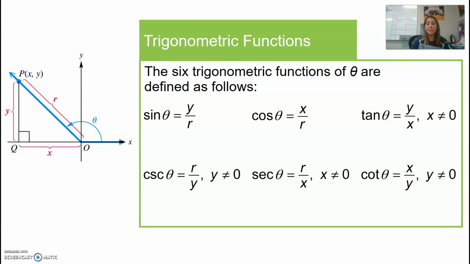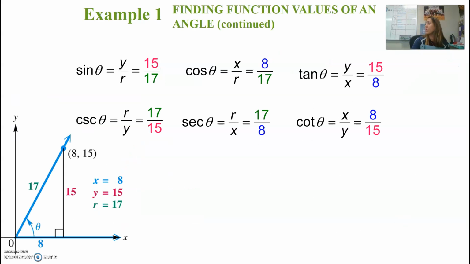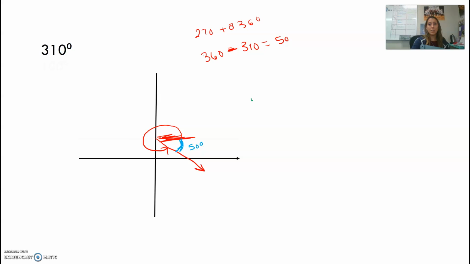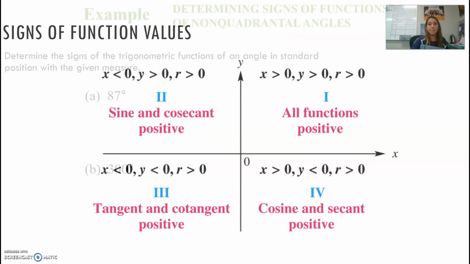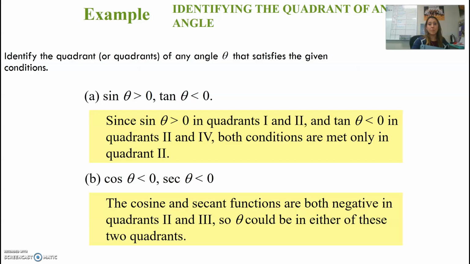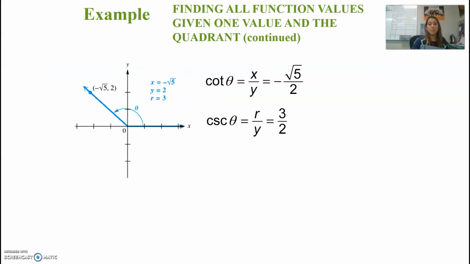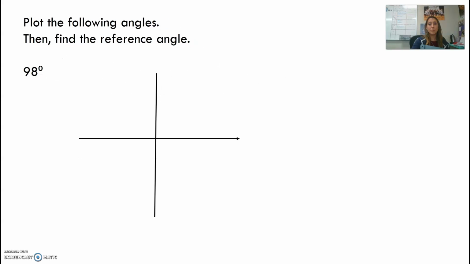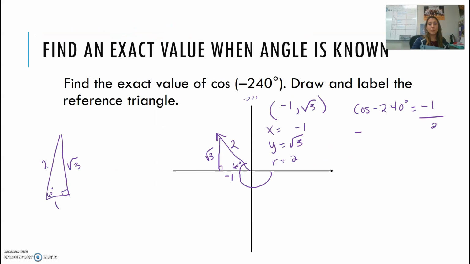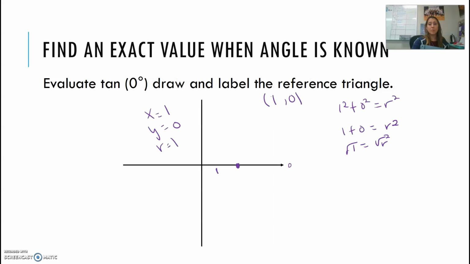We're finding the tangent, so that's going to be y over x. Let's go back to the slide that we were on. So y over x, so the tangent of 0 degrees is going to be y, which is 0, over x, which is 1, which is equal to 0. So the tangent of 0 is 0.